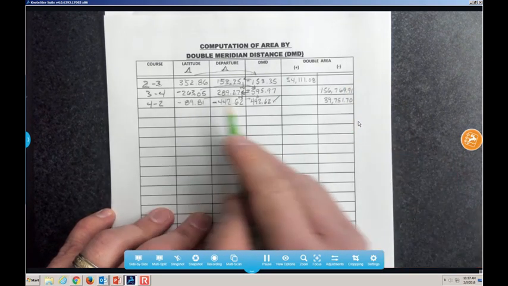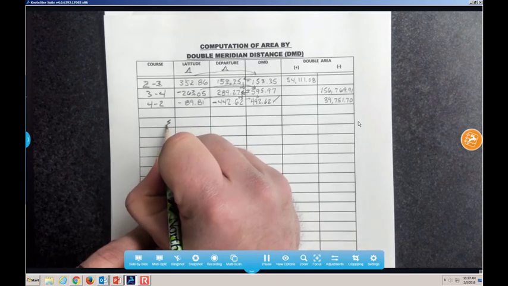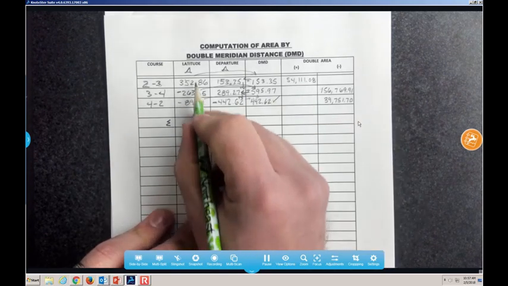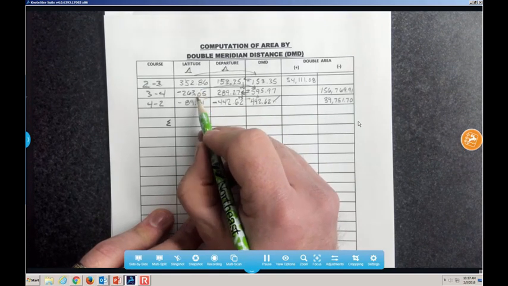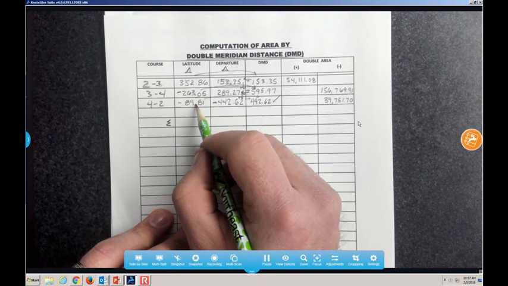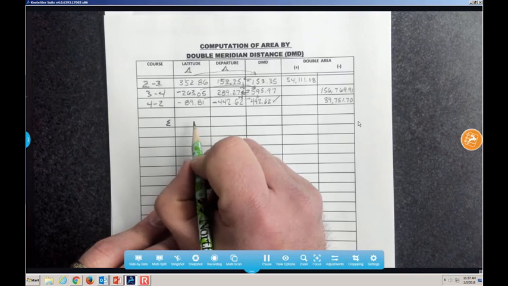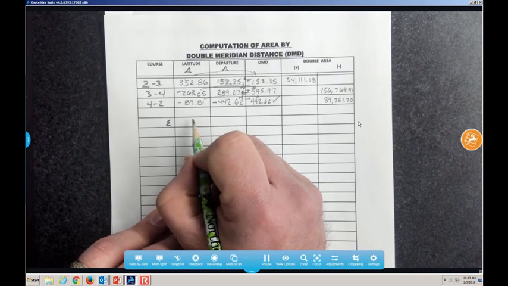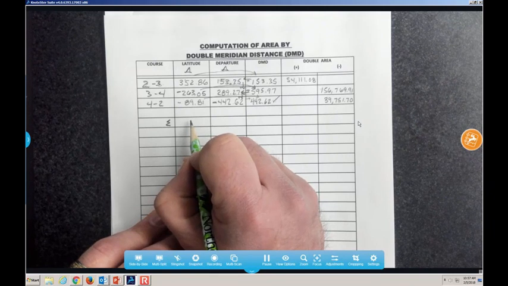Okay, so now there's a check that we can do going across here. If I take the sum of these columns as we go through, if I add these three numbers together, sum up all the latitudes, it should equal 0, hopefully. Yep.